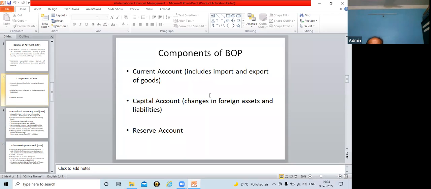This IMF we have discussed. I think in the last session we discussed the IMF. Today our point is more about BOP, that is balance of payment.